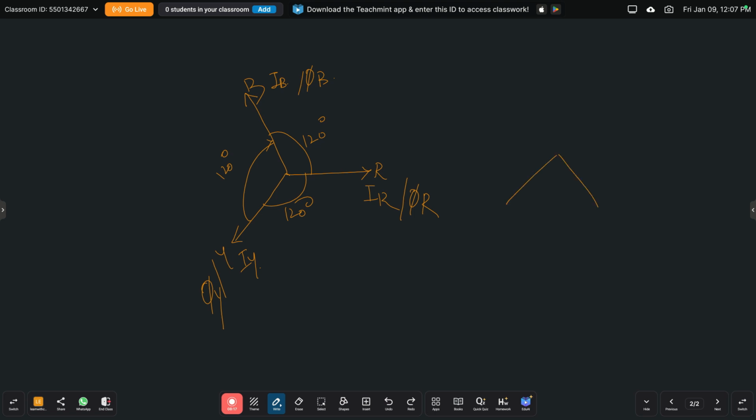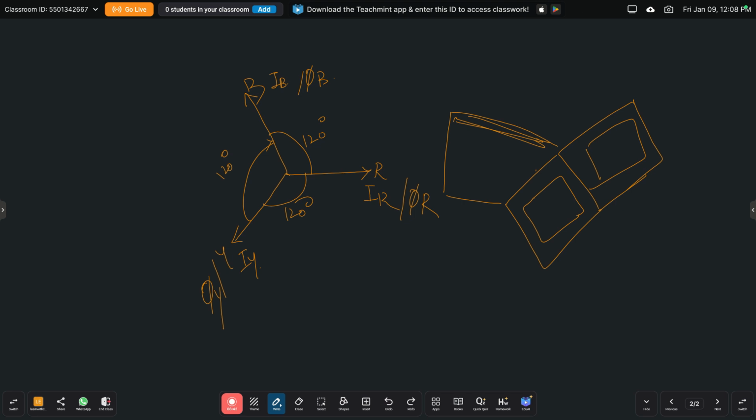Based on this, this is the magnetic core, and here we are going to connect another type of magnetic core. Based on that, we represent the insulation. In this way we are going to draw.